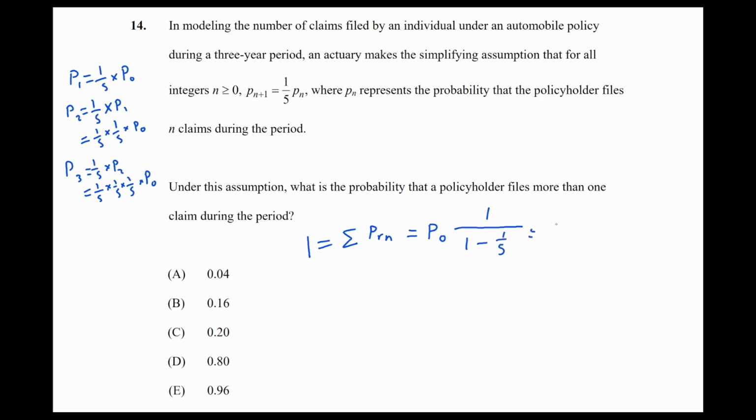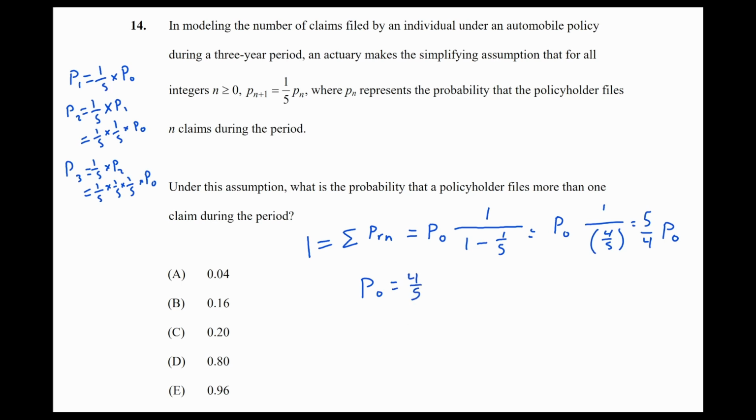That is then equal to probability of 0 times 1 divided by 4 over 5, which is equal to 5 over 4 P0. So if we solve for P0, P0 is going to equal 4 over 5.